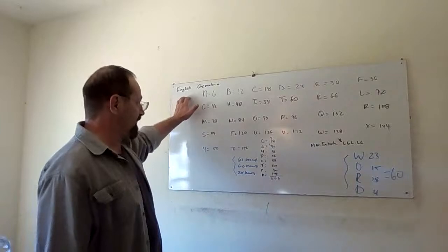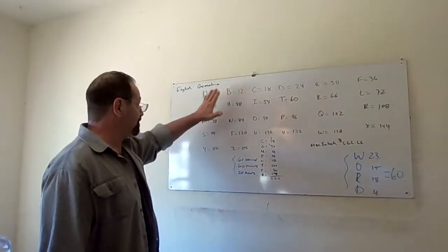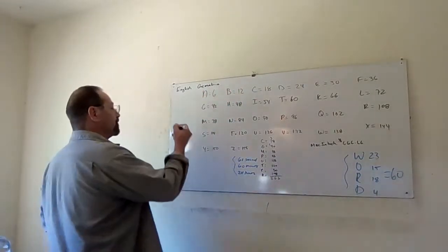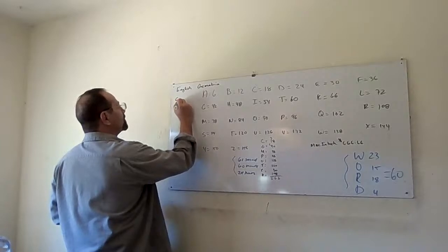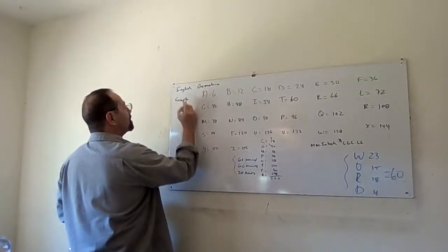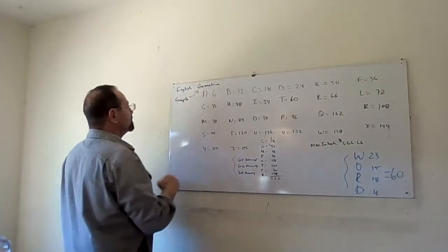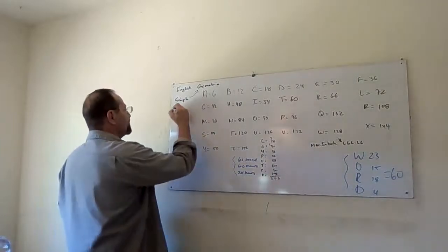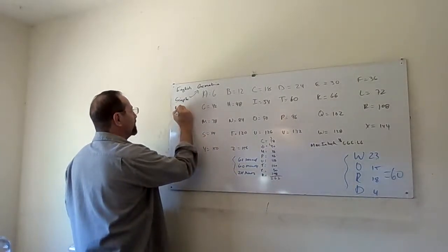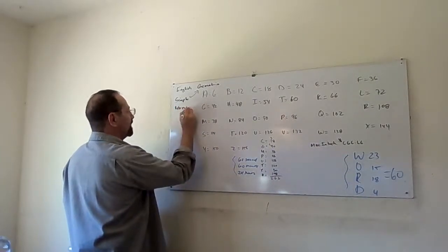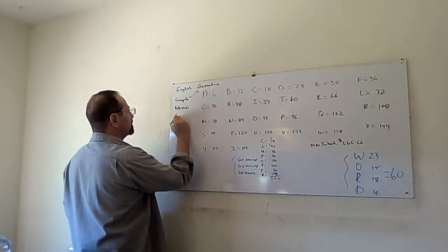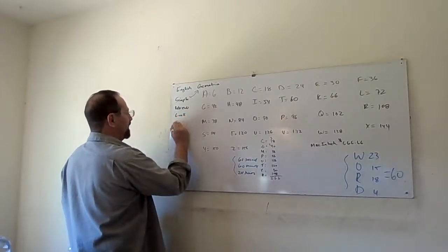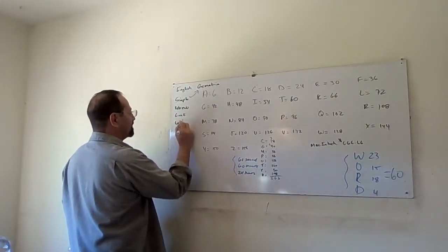666. So here we have English gematria, and then there's also simple gematria. And then you have Hebrew, and you also have Greek and Latin.